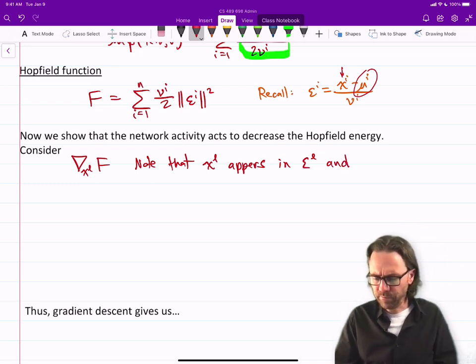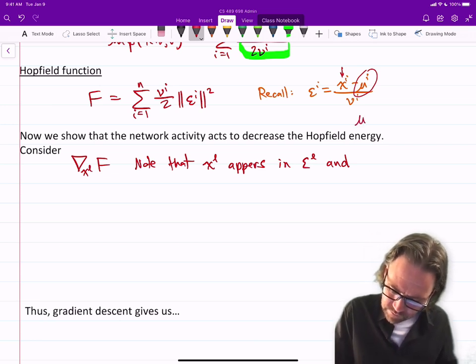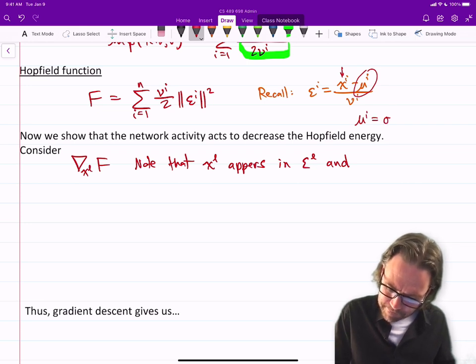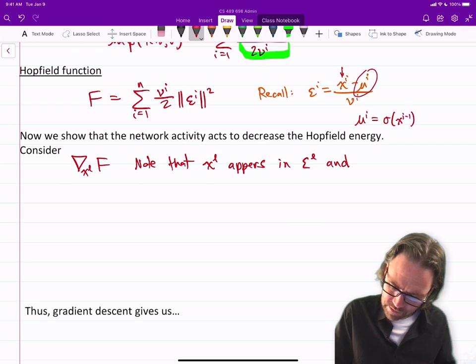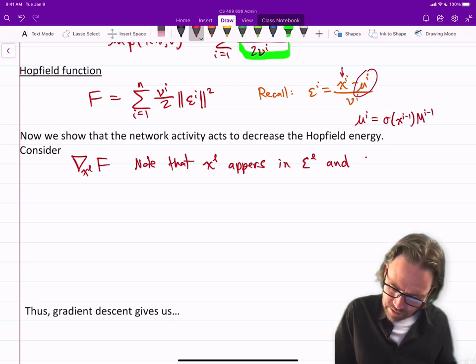And remember, mu is the sum of x i minus 1 times m i minus 1. So that xl will appear in epsilon l plus 1.